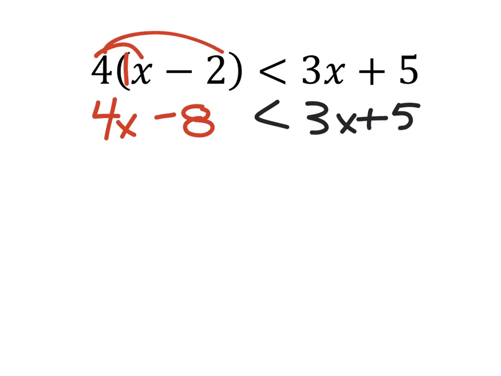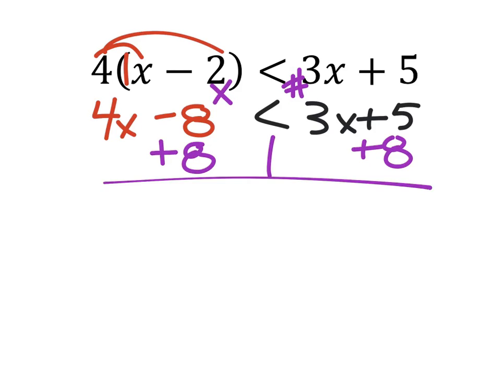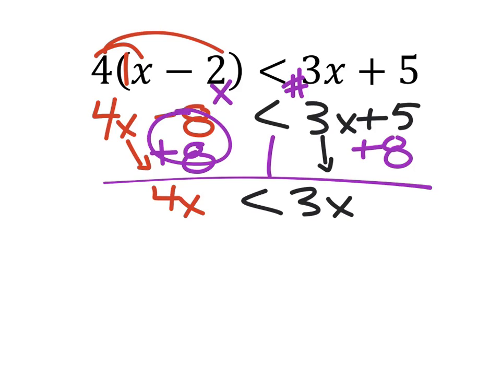And again, we won't see the rule on this one. But if I were to continue with this problem, I'd say I want my x's on the left and the numbers on the right, which means that negative 8 term is on the wrong side of the inequality. So I'd have to zero it out by adding 8 to both sides. So that's going to zero that out. I'll drop my 4x, which is now less than, I'll drop the 3x too. 5 plus 8, boom, positive 13.